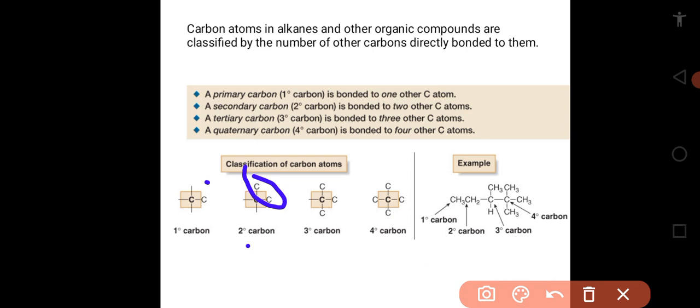The first carbon here is CH3, so it is only connected to one carbon, which is why it is primary. The secondary is directly attached to two different carbons, the first carbon here and the other carbon here. So that is secondary. I think this is clear.